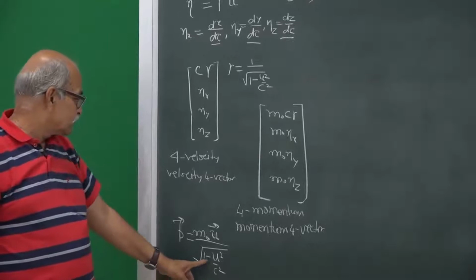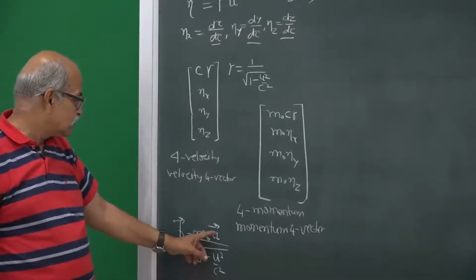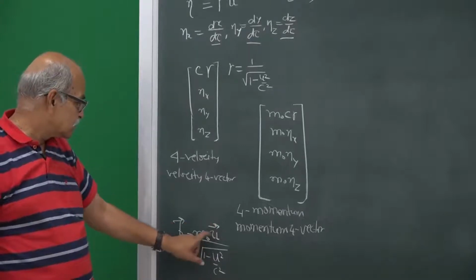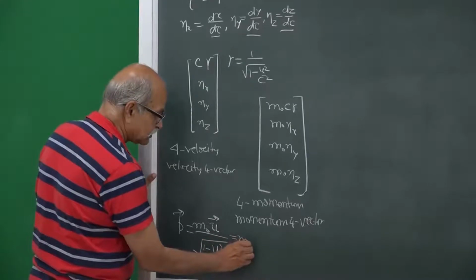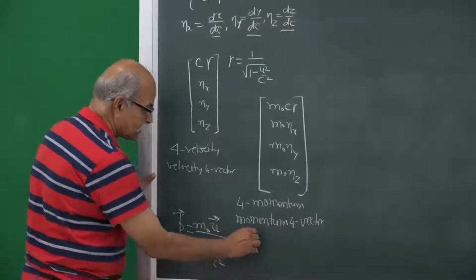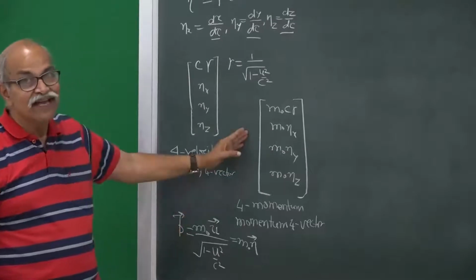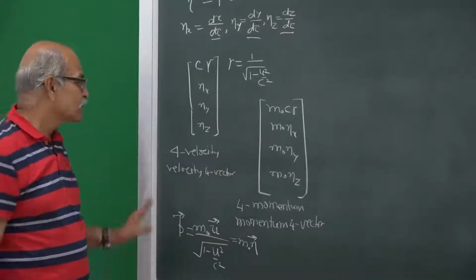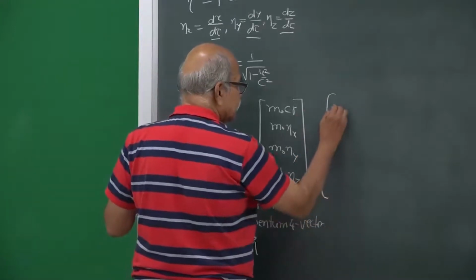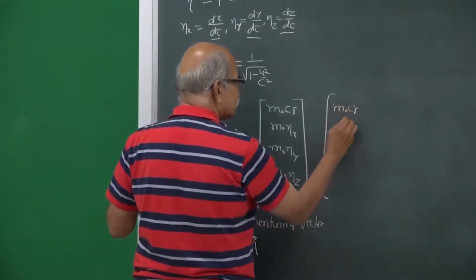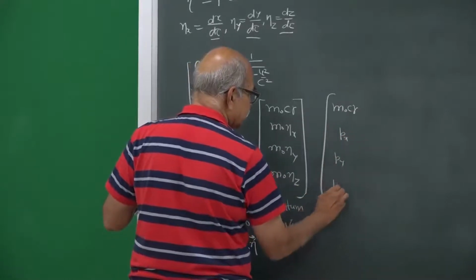So, this is m naught times gamma times the velocity, and this is your eta. So, this is m naught times eta, and hence these are components of linear momentum in x, y, z direction. So, this is your px, py, pz, with m naught c gamma here, and then px, py and pz.